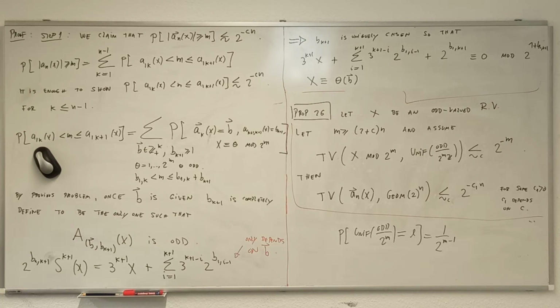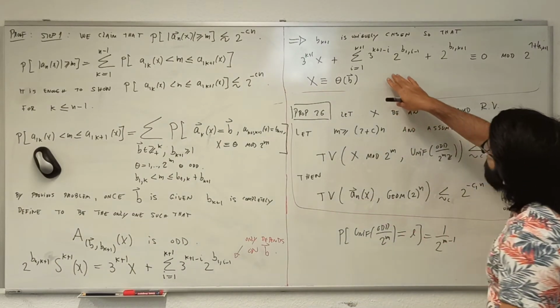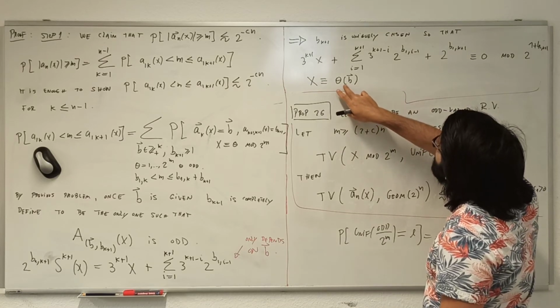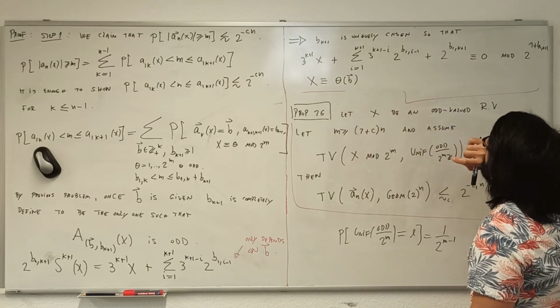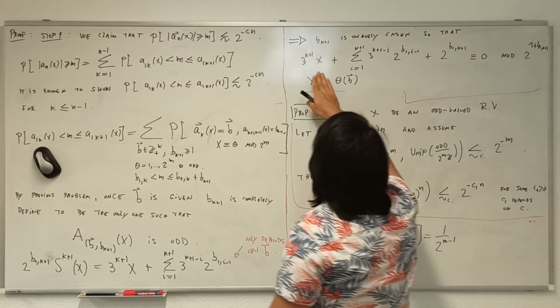So if I take modulo 2^{b_1+...+b_{k+1}}, then that is 0. Yeah. Okay, so you conclude that this guy should be congruent to something. So maybe yeah, that is true. So in particular.